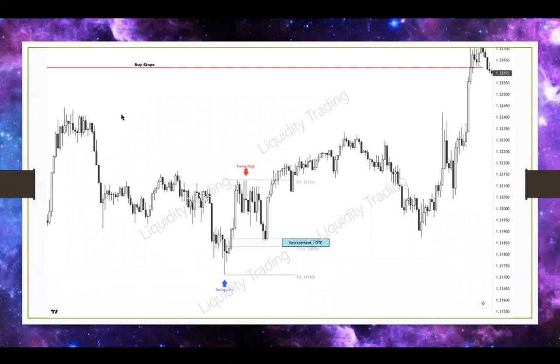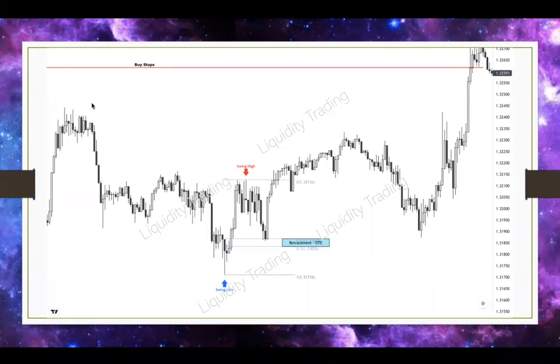We have first one low here, and we have two higher highs on both sides. Also the swing high, we have the high here and two lower lows on both sides. So this is a swing low and this is a swing high.